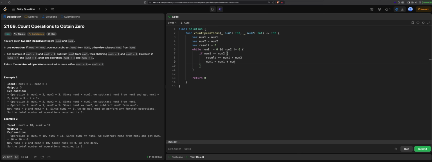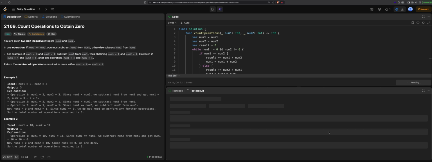So that will be num2. And then else, that will be the reverse case. I can copy this and just update num2 and num1, and then this will be num2, and this will be num1, and then we just return the result here.